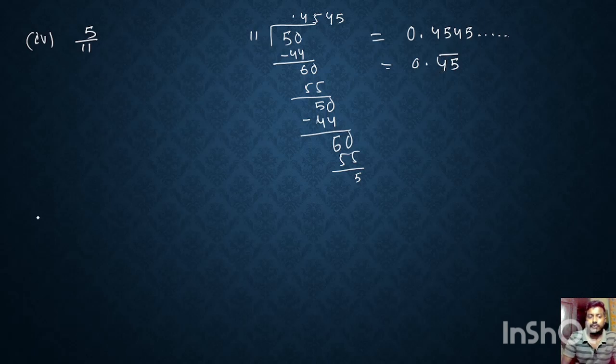Okay, now next, B number, 22 divided by 7.